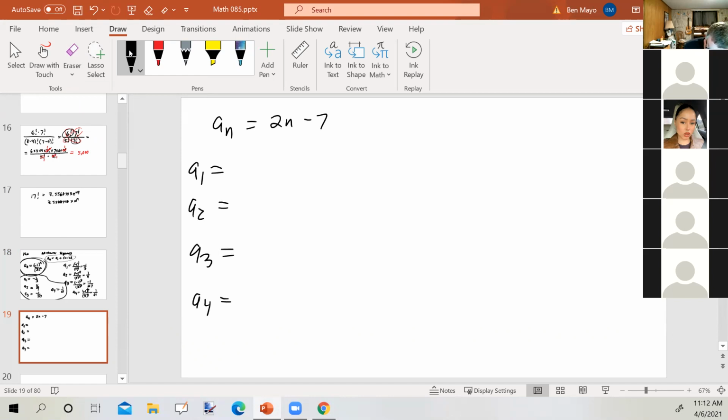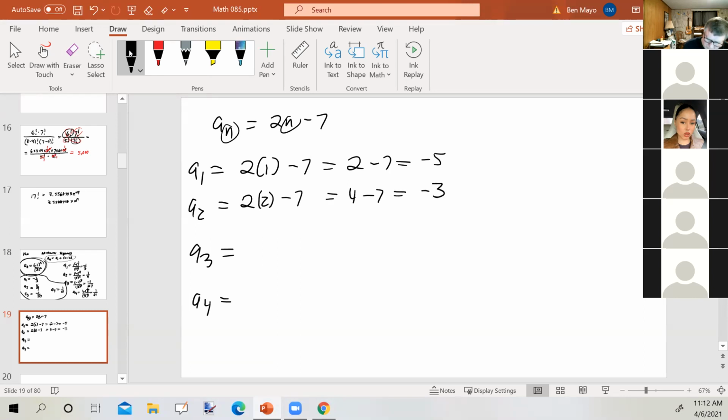Well, a sub 1 would be 2 times 1 minus 7, which is 2 minus 7, which is -5. So all I'm doing is putting the subscript that's here right there. Okay. A sub 2 would be 2 times 2 minus 7, which is 4 minus 7, or -3. A sub 3 would be 2 times 3 minus 7, which is 6 minus 7, or -1.